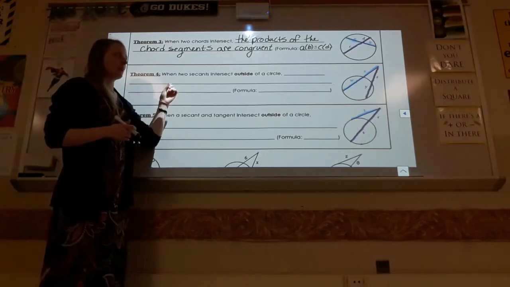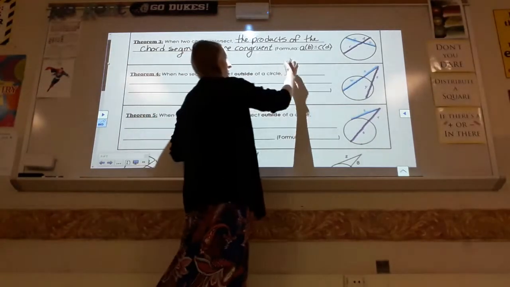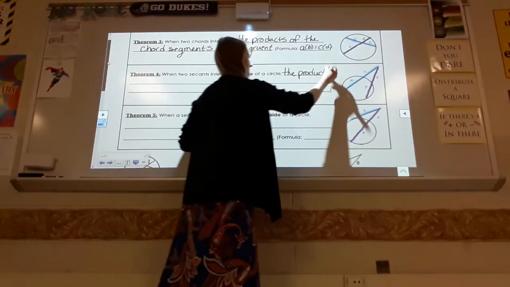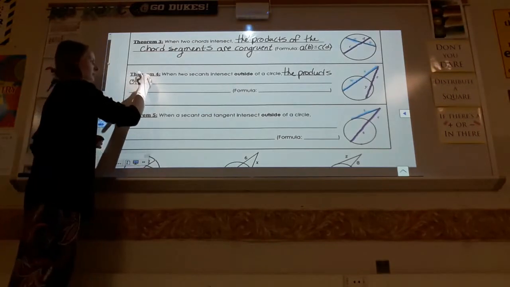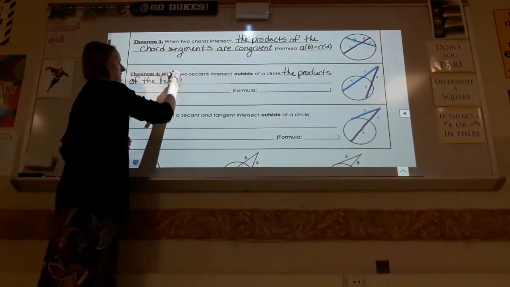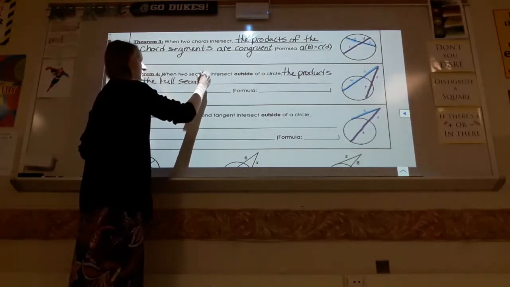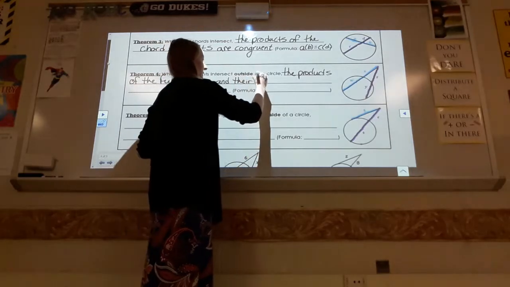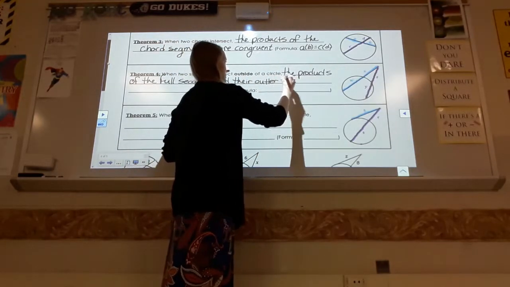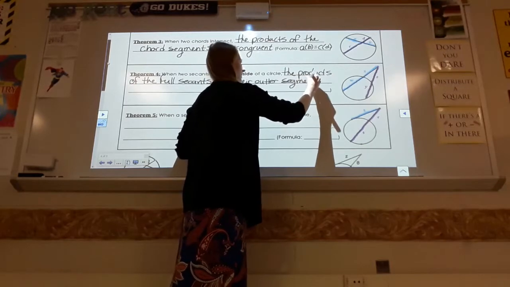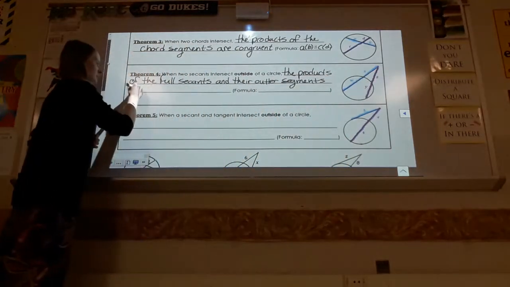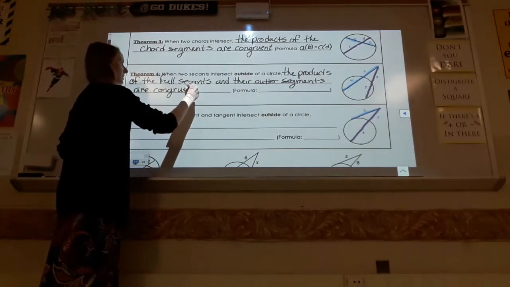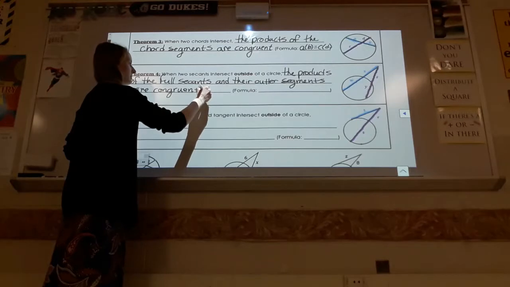So when you guys have 2 secants, if 2 secants are intersecting outside of a circle, the products, this is multiplication again, the products of the full secants, plural, full secants, and their outer segments are congruent. The products of the full secants and their outer segments are congruent.